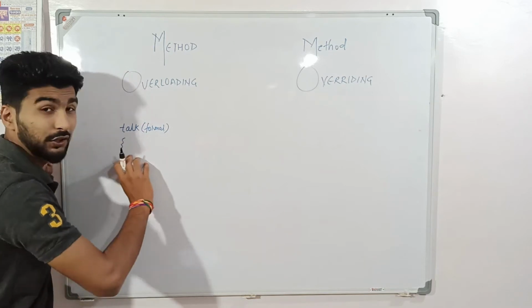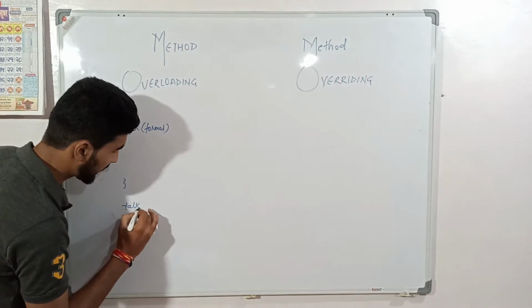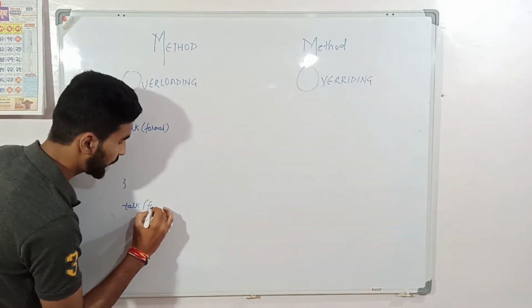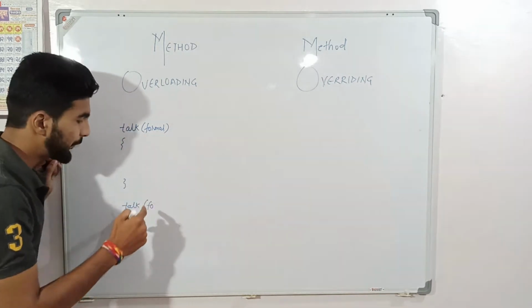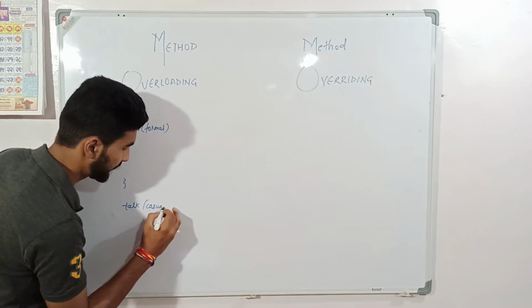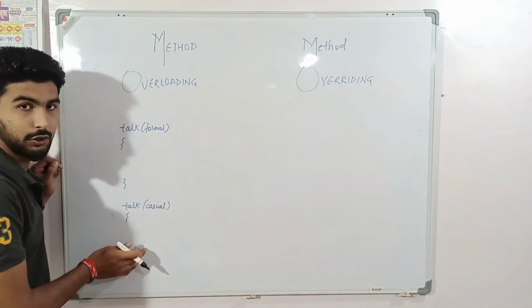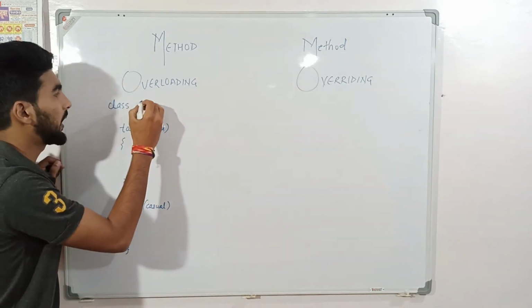It has one type of definition, and one more method with the same name but this time a different parameter. This time I'll use casual and give a different definition in the same class.